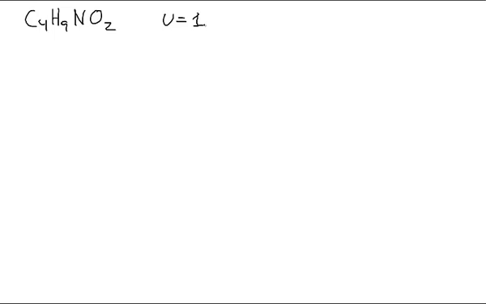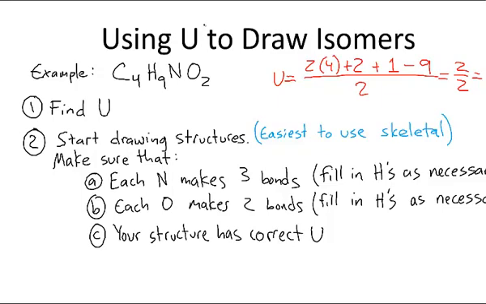You should be drawing structures with one pi bond or one ring, because the unsaturation number here is 1.